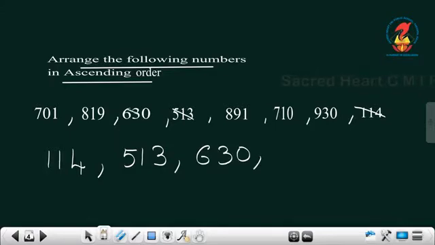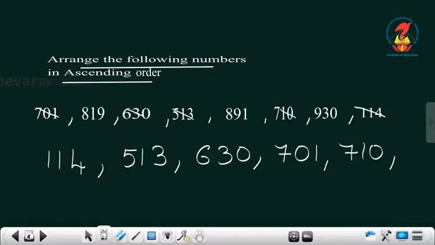Now the next number is greater than 630. It's 701, so you write 701. Next bigger than 701 is 710.